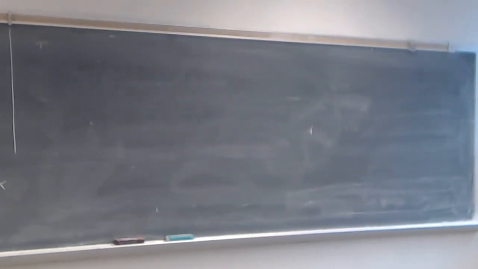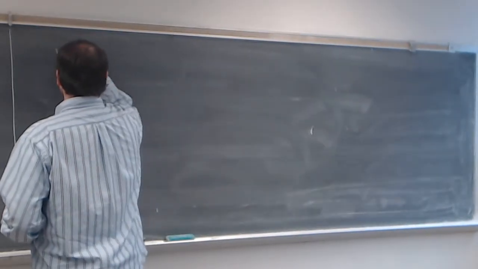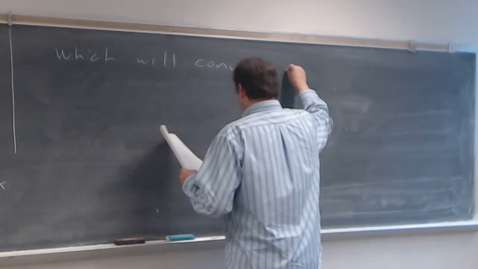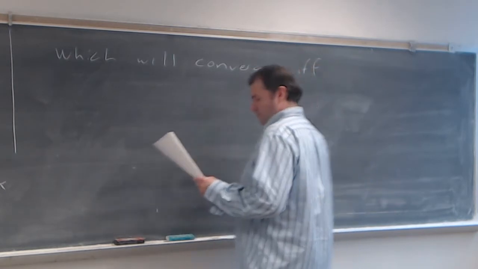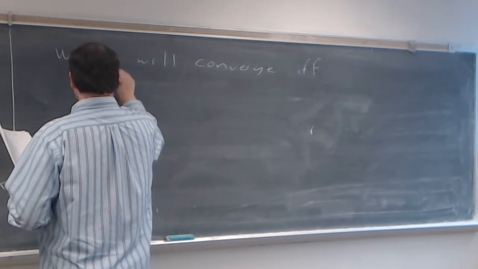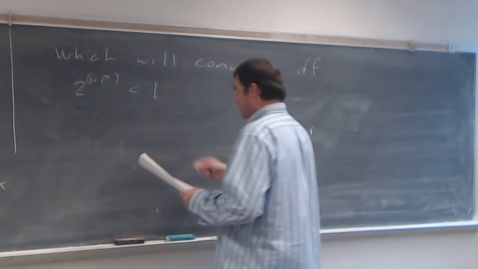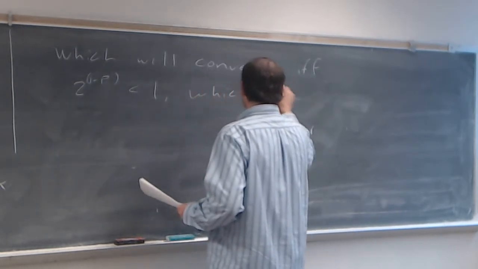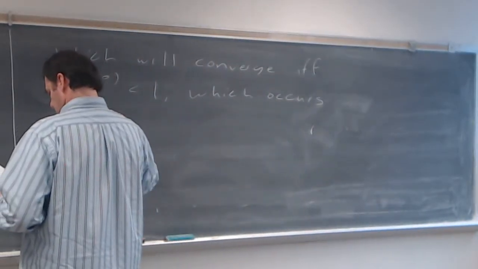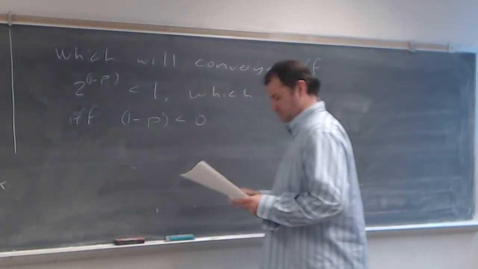And so we have the geometric series test, and we know that that series will converge if and only if 2 to the 1 minus p is less than 1, which occurs if and only if 1 minus p is less than 0.